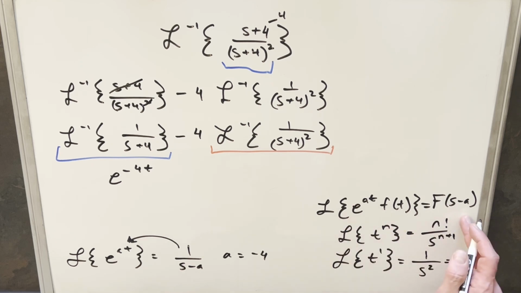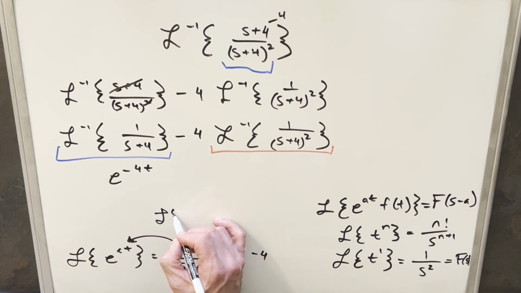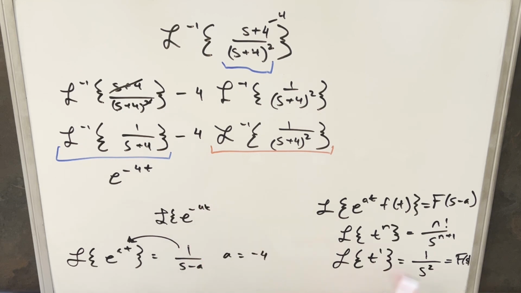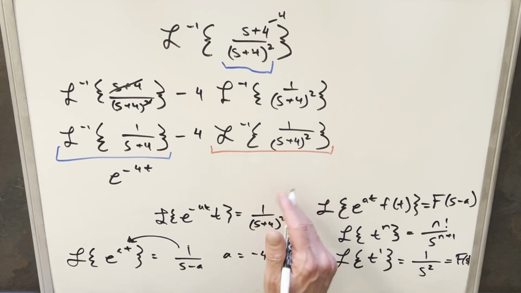And the shift is going to be minus 4 in order to get this s plus 4. So if we had the Laplace of e to the minus 4t times just t, that's going to give me this thing shifted by a. So this is going to be the same thing as 1 over (s plus 4) squared. So for the inverse Laplace, we just need to go backwards and use this.